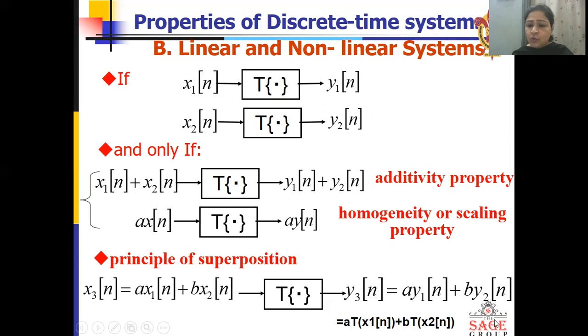That means two outputs multiplied by same scaling factors are added together. This should be the output. So this is known as principle of superposition. If any system obeys this principle of superposition, that system is known as linear system.